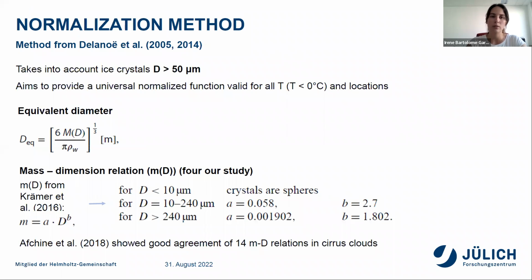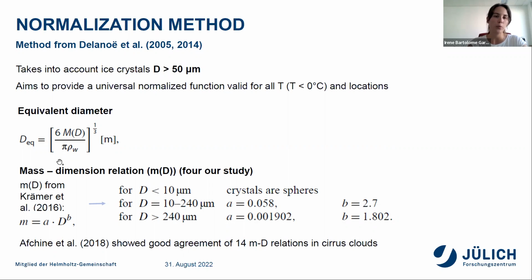And to explain this method a little bit more in detail, what it aimed at is to provide this universal normalized function that is valid for temperatures lower than 0 degrees, and that would also be applicable for different locations. The first thing that we need to do is to refer to the equivalent diameter, that is the diameter the ice crystal would have if it was a spherical water droplet of the same mass.